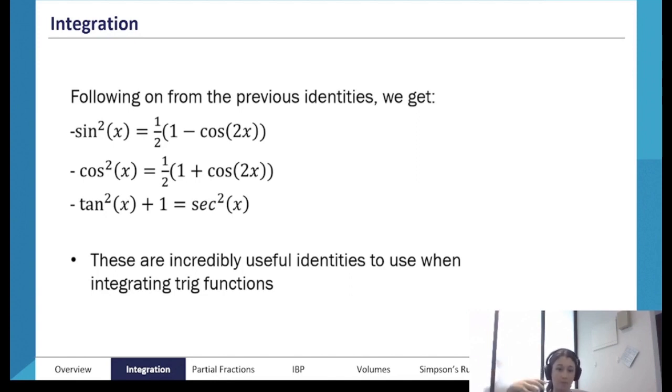Personally, in the external that I did in 2021 for specialist, in the tech free section, the last question that we did was kind of this massive question.